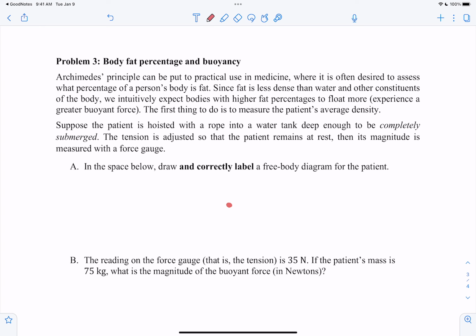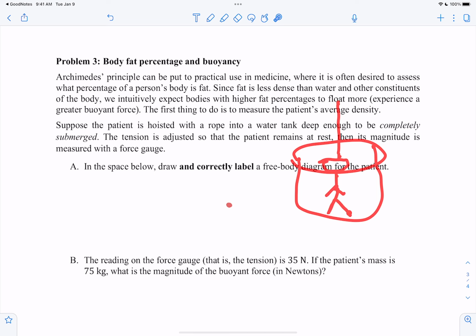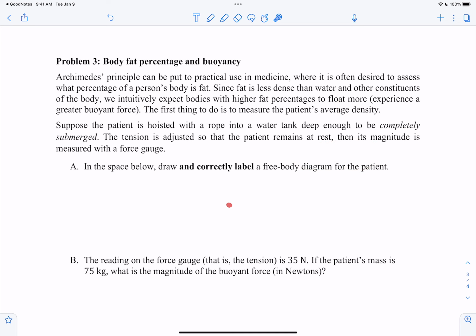Is tension pointing down, though? Imagine a water tank, and they're kind of submerging them. This is a horrible representation, but let's just say that they're being submerged in the water. This is not science. This is like torture.